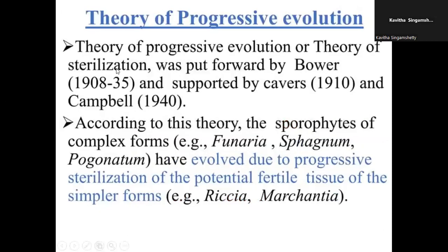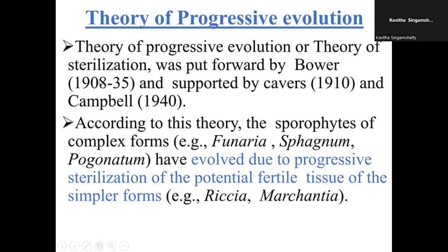Now we'll go with the theory of progressive evolution. This theory we also call the theory of sterilization. This theory was put forward by the scientist Bower in the years 1908 to 1935, and it was supported by Cavers in 1910 and Campbell in 1940.